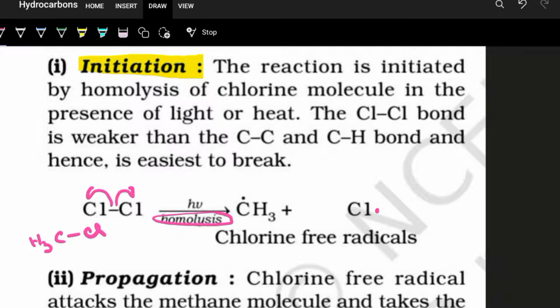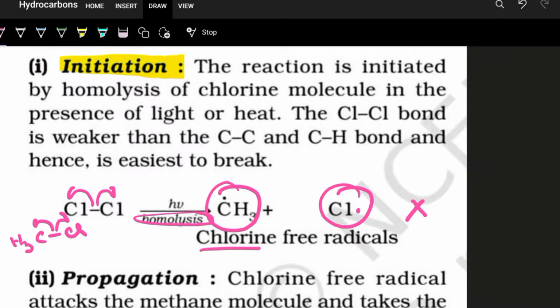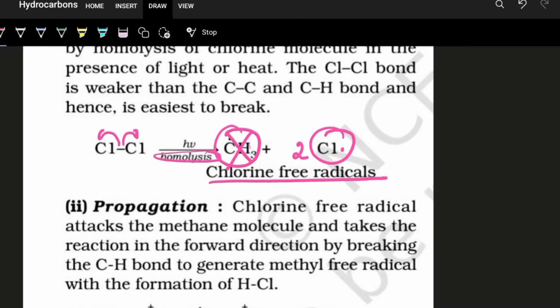So what is happening over here is a half arrow here and a half arrow here, so you get two Cl dots. Don't write the methyl over here. It is 2 moles of Cl dot which you are seeing. So I made the correction, I removed the cross. It is like this, 2 moles of Cl dot.